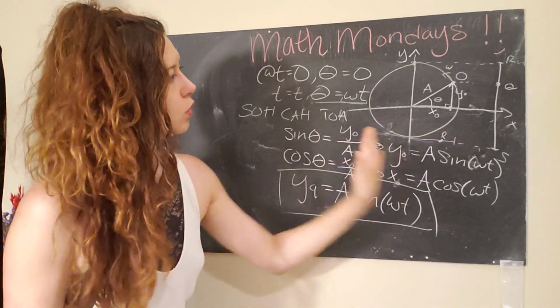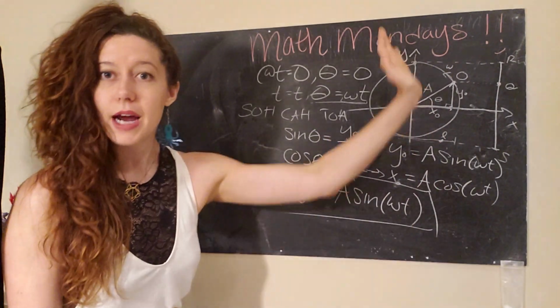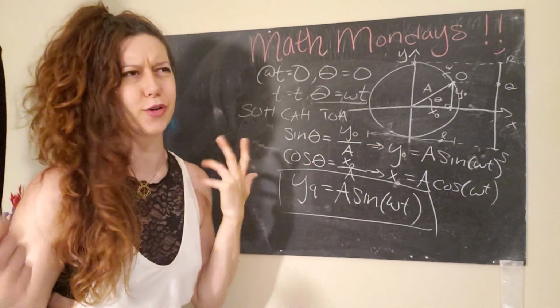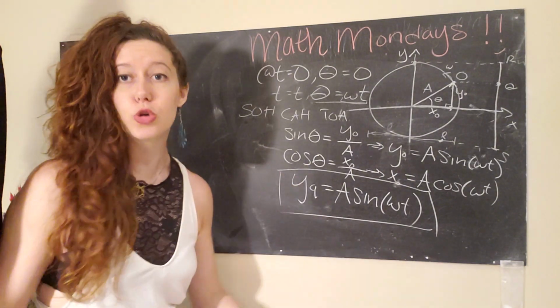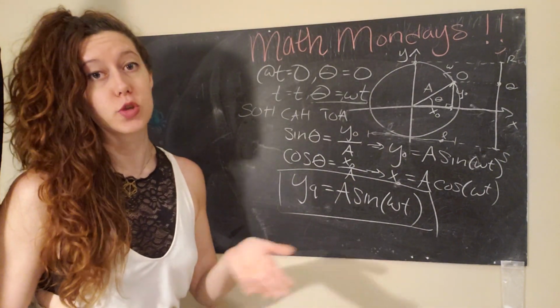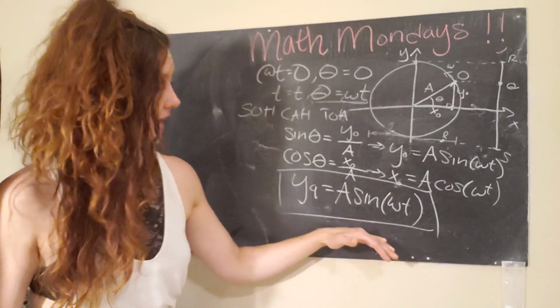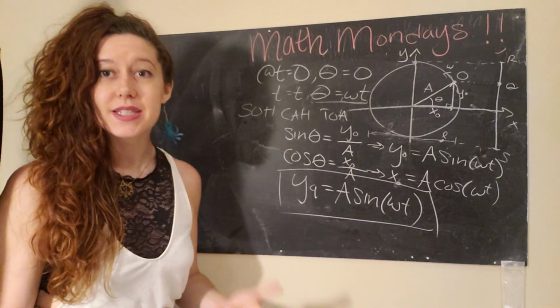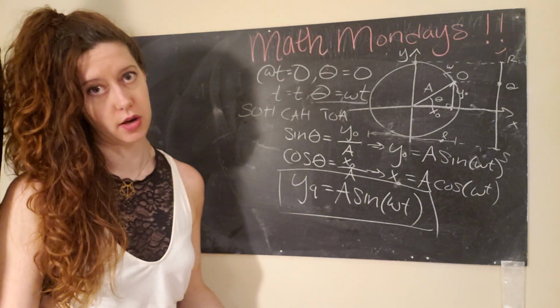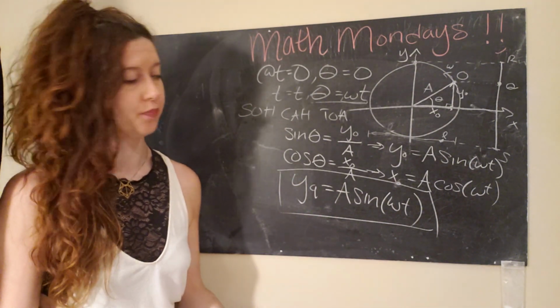So even though it looks like our object's moving up and down in a straight line and we expect to get, I don't know, maybe an equation of a line or something like that, because the motion repeats over time, we actually end up using sines and cosines. And that is the mathematical definition of simple harmonic motion.